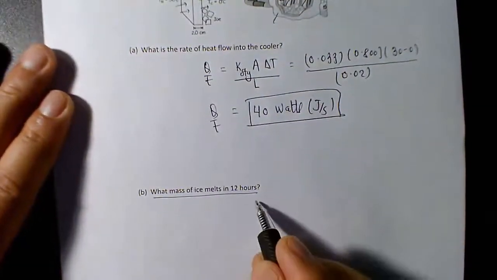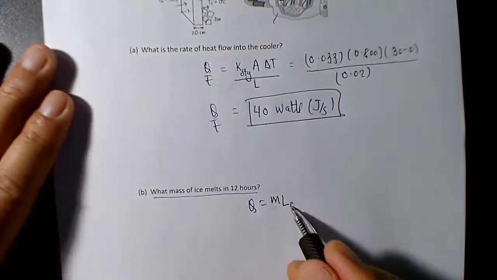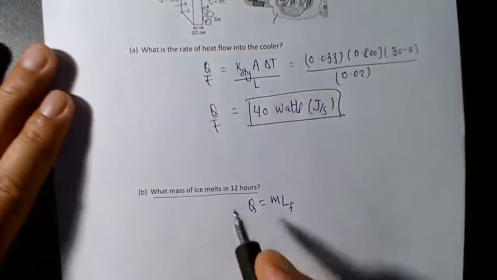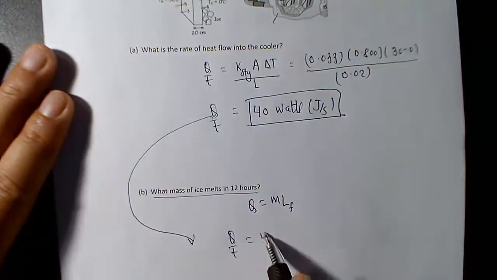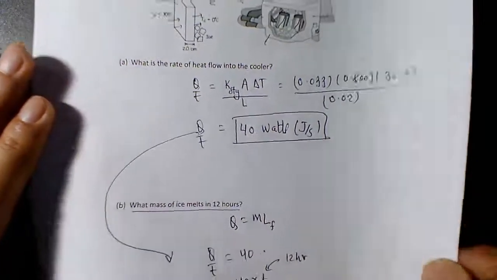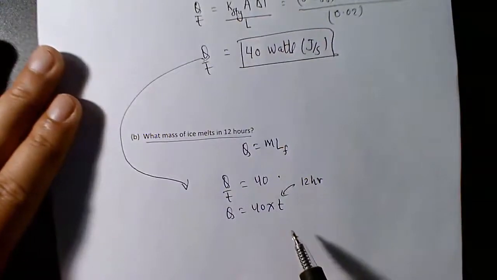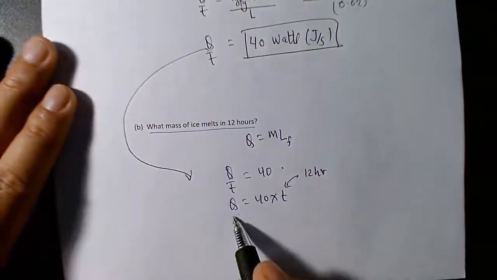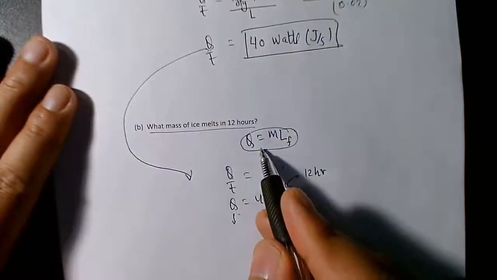So then we know that Q is mL from calorimetry, L of fusion. And from the first part, we know Q over T is 40, which means Q is 40 times T, and T is 12 hours. Because we want to measure how much mass will be melted, Q is from calorimetry, or the latent heat of transformation.